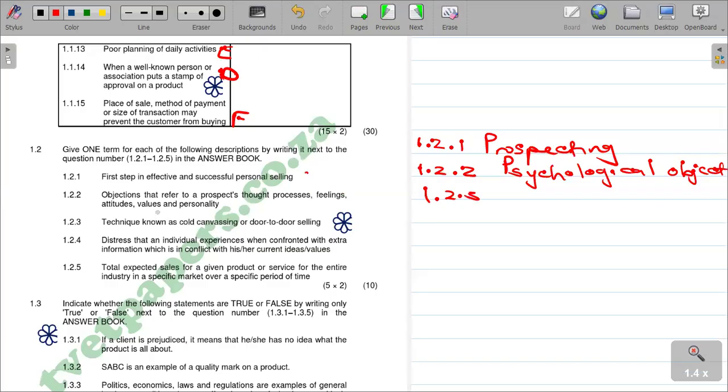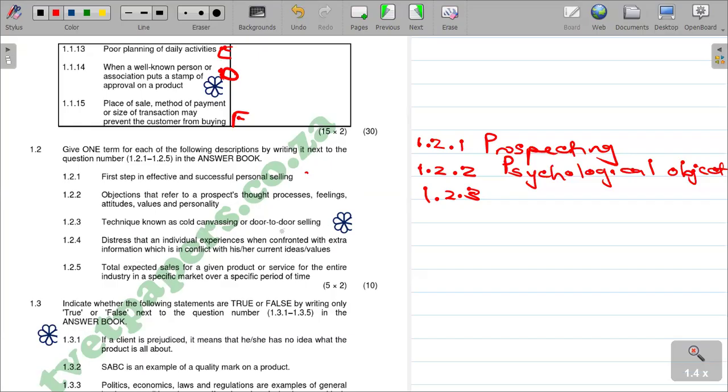1.23, technique known as cold canvassing or door-to-door selling.